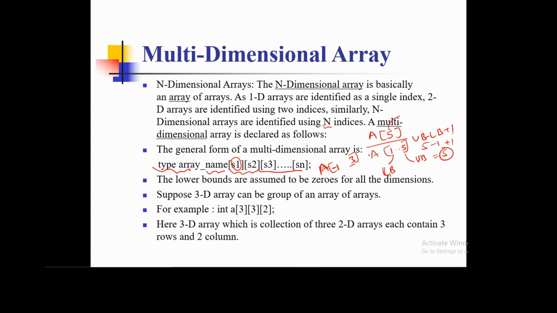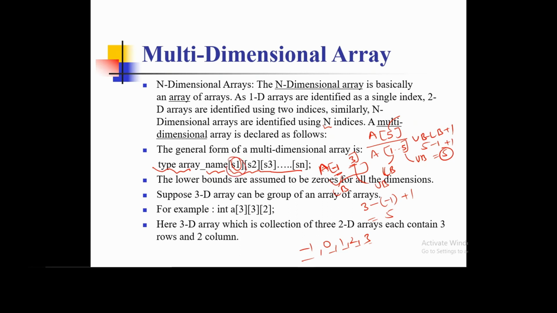This means the lower bound must be less and the upper bound must be higher. The number of elements is upper bound minus lower bound plus 1, that is 5. How is it 5? See, the index values will be -1, 0, 1, 2, 3.